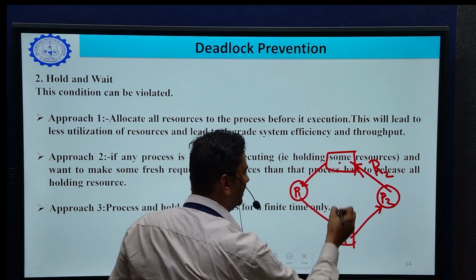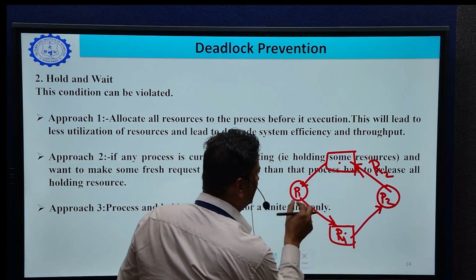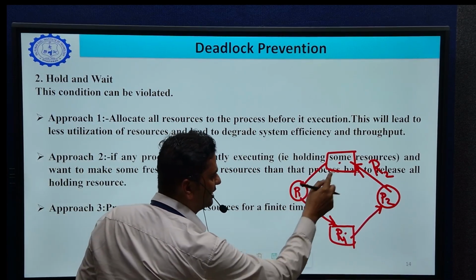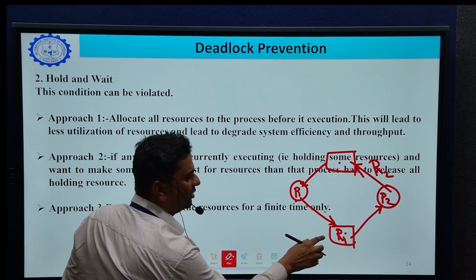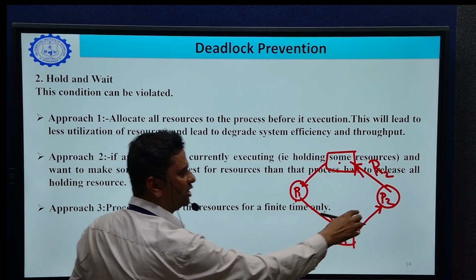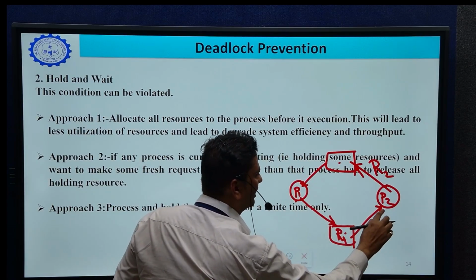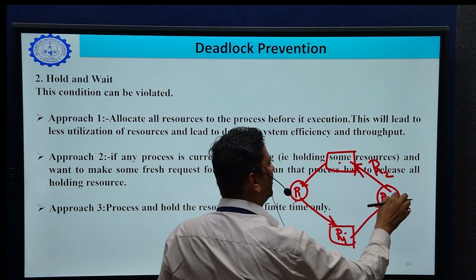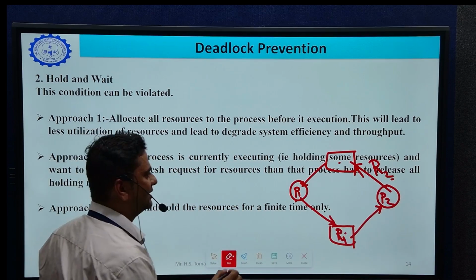This is of single instance, okay? Right? In this case, process P1 is holding R2 and at the same time requesting resource R1. Process P2 is holding R1, and at the same time waiting for R2. So there is a cycle, there is deadlock.